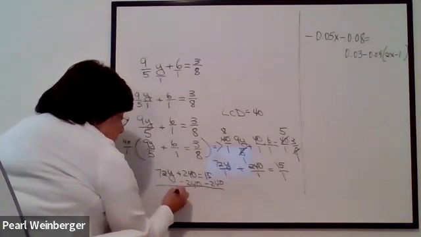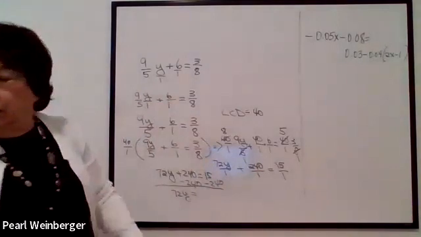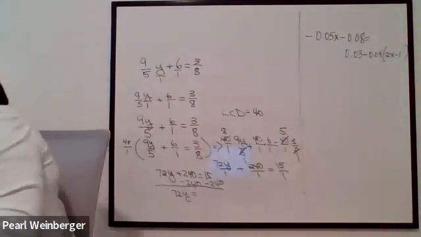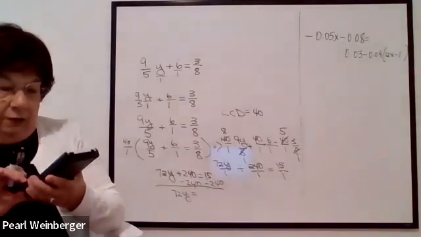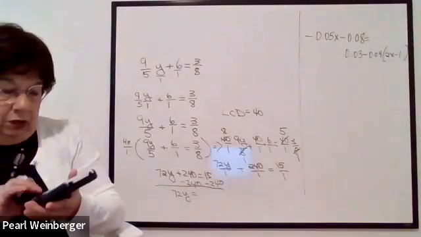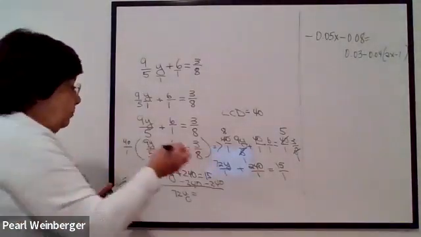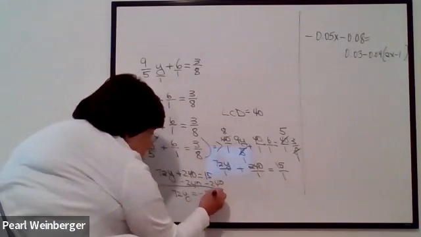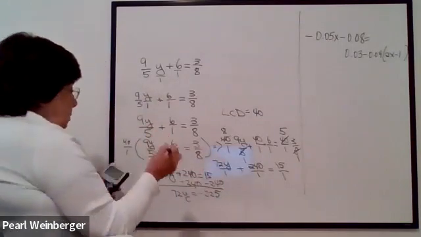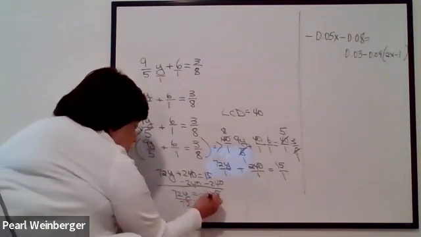So I'm going to get 72y equals, I'm going to use my calculator, 15 minus 240. Anything that I can't do in my head, I do on my calculator. And then I'm going to divide by 72.